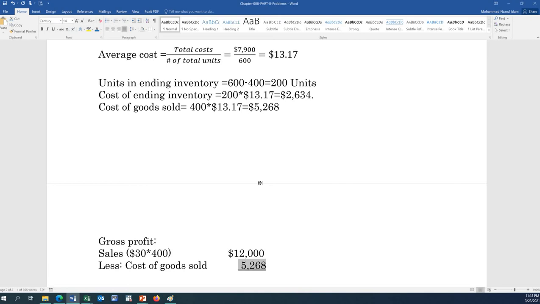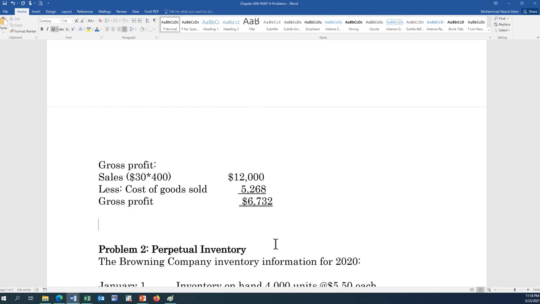So gross profit is going to be 6,732. What is the gross profit percentage?